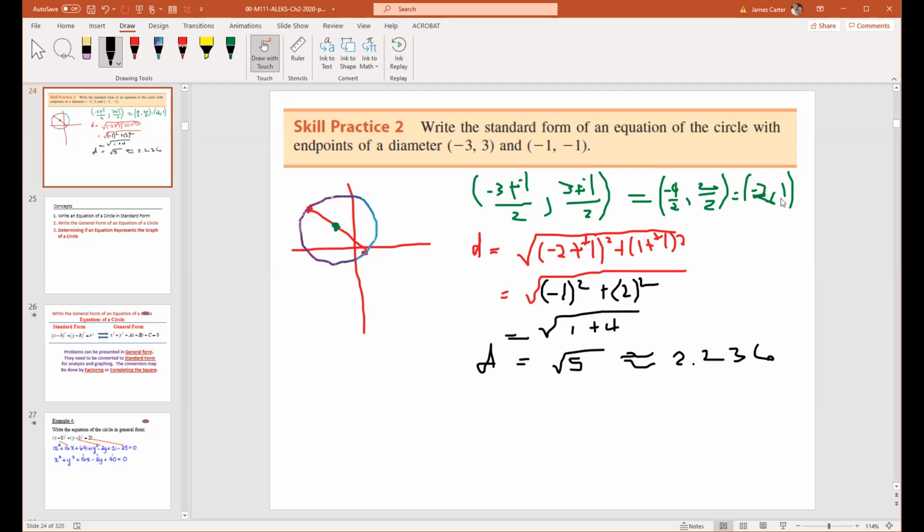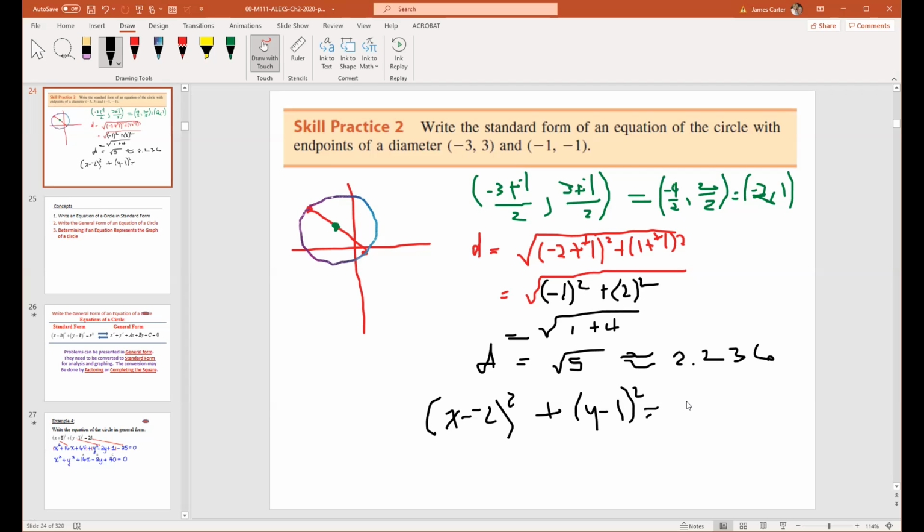Okay. Now let's write the equation. We've got the center, (-2, 1). So the equation is (x minus -2) squared plus (y minus 1) squared equals, well, if that's the radius, then this is the radius squared.